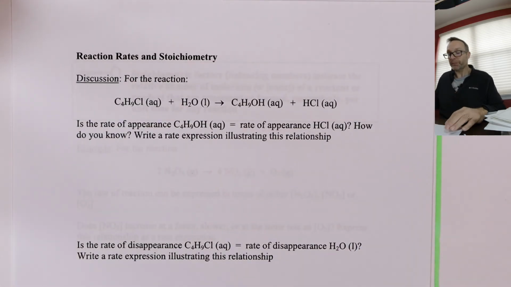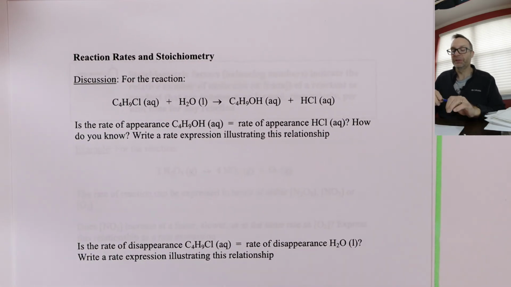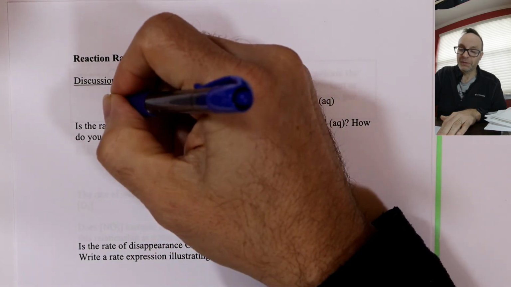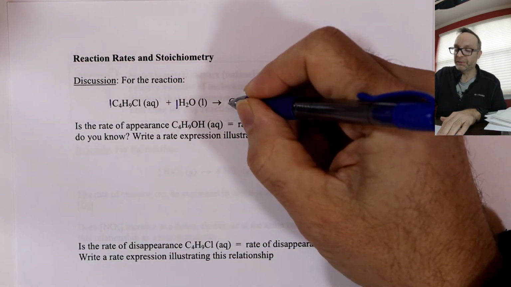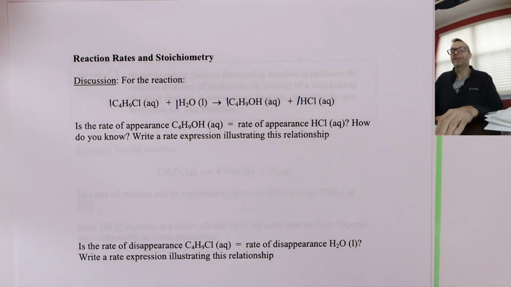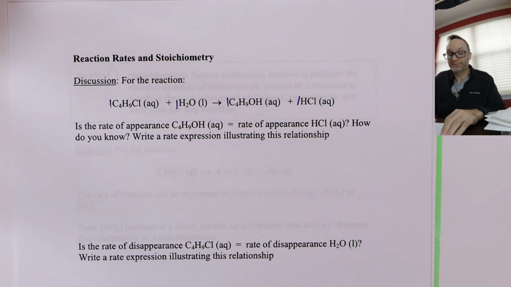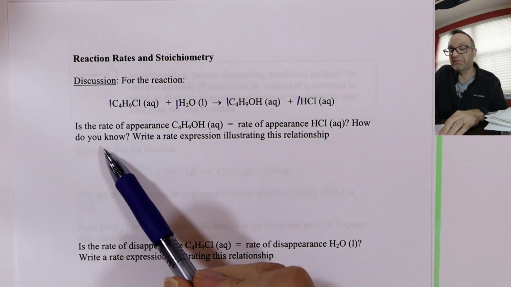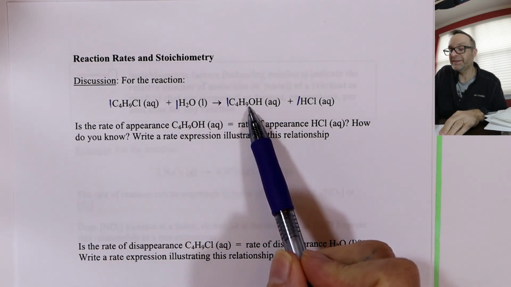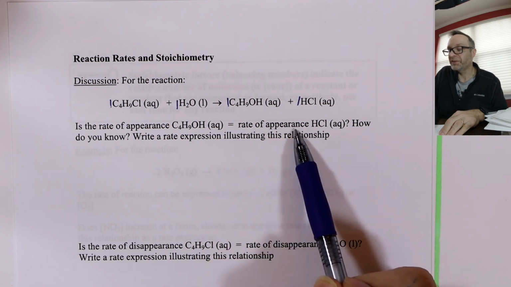Now, keep it simple to start. You can put the numbers in: 1, 1, 1, 1. It's a nice, easy one to start, and then we'll go back to the N2O5 example. So the question: is the rate of appearance of this equal to the rate of appearance of this?